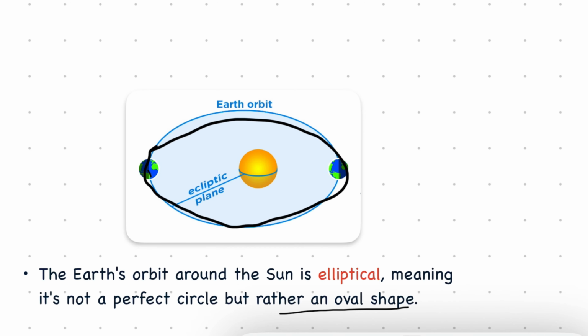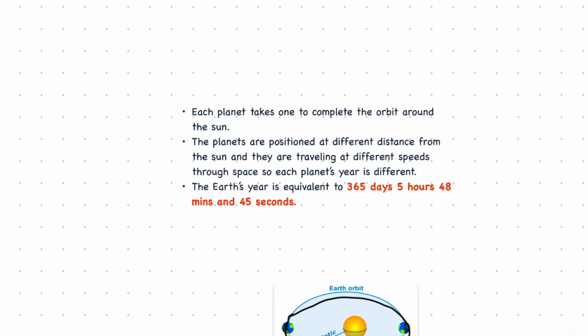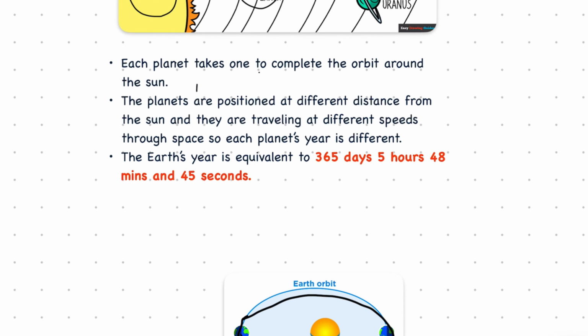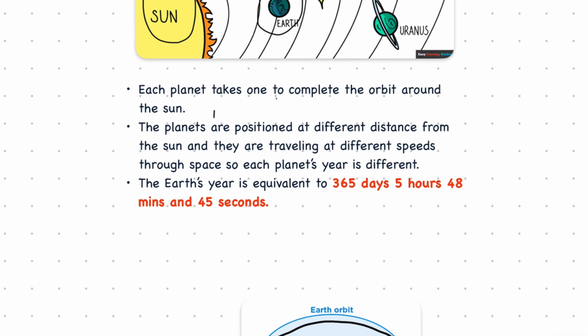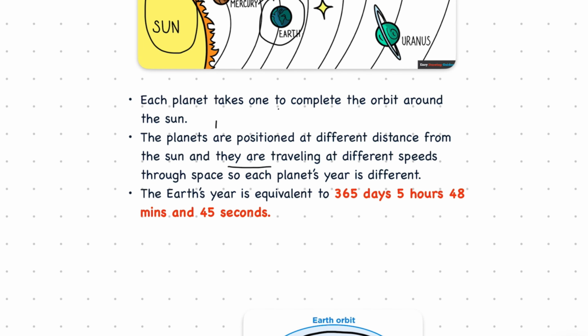Okay, and each planet takes 1 year to complete the orbit around the sun, and the planets are positioned at different distances from the sun and they are traveling at different speeds through space. So each planet's year is different. The Earth's year is equivalent to 365 days, 5 hours, 48 minutes and 45 seconds.